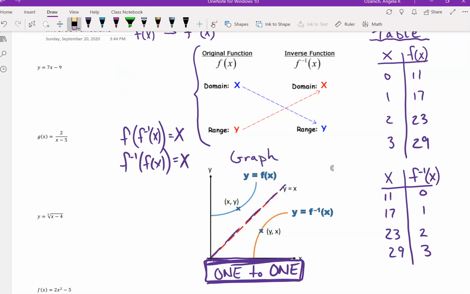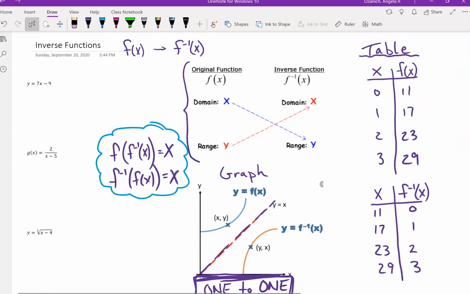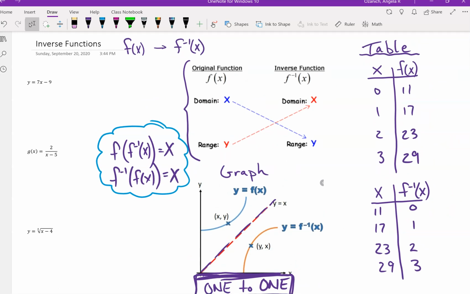Remember this piece. This is a good thing to write down, maybe in your notes or somewhere close by. We'll figure out how to actually move that around one of these days.